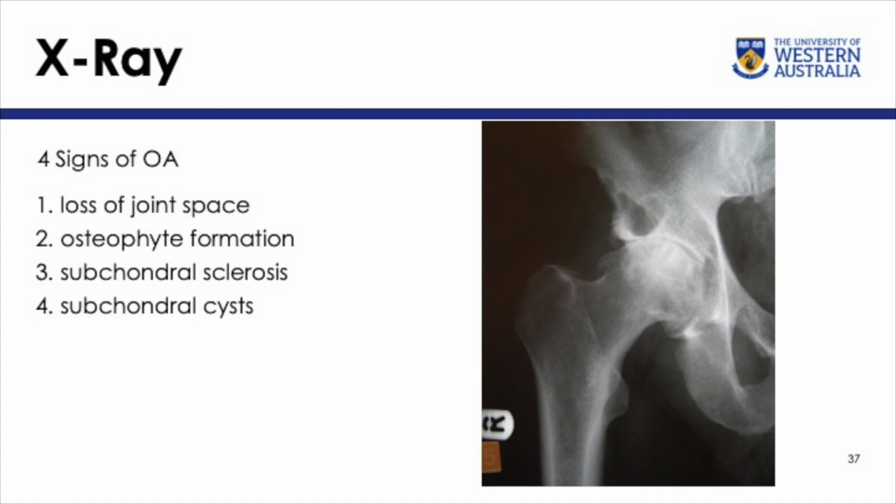This is the radiograph of the gentleman in case 1, and you can see the 4 cardinal radiographic features of osteoarthritis: the loss of joint space, which is due to hyaline cartilage loss, osteophyte formation at the acetabular rim and over the femoral head, subchondral sclerosis, which is the whitening that you see at the joint margins, and in this case there's a large acetabular subchondral cyst, the superolateral acetabulum, which is termed a geode.